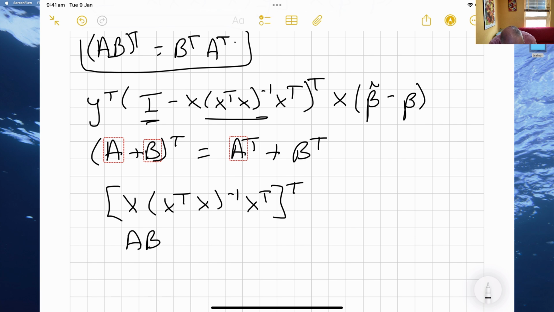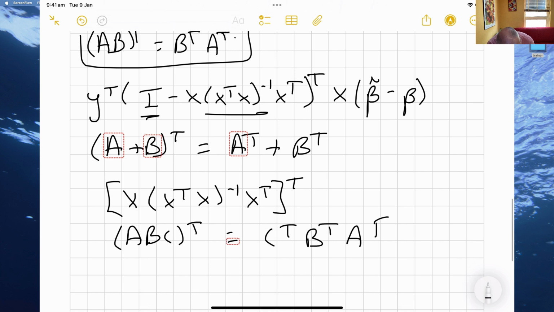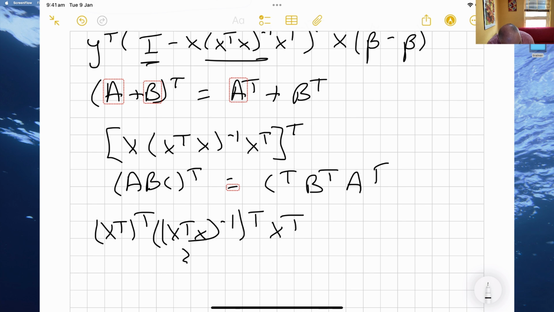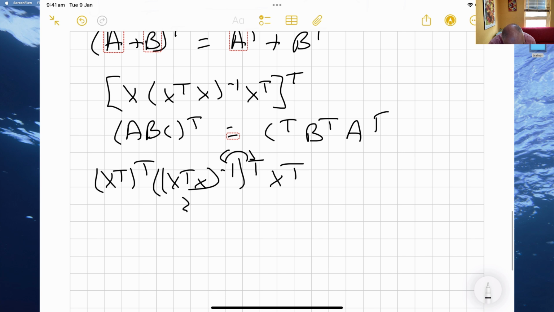This is (ABC)ᵀ, which is Cᵀ Bᵀ Aᵀ. So this is going to be (Xᵀ)ᵀ, ((XᵀX)⁻¹)ᵀ, Xᵀ. This is symmetric. We can interchange these two, and you just get the same thing back: X(XᵀX)⁻¹Xᵀ. The whole thing is symmetric. If you transpose it, you just get back what you started with.